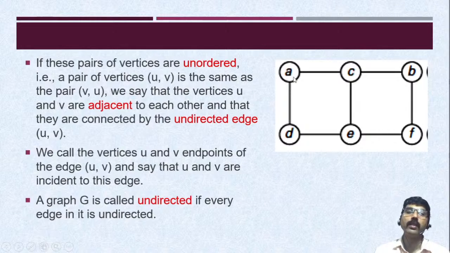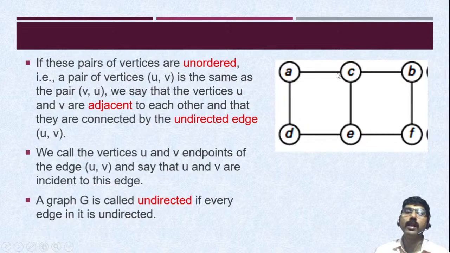These two vertices A and C are called adjacent to each other, and this edge is called an undirected edge. In a simple way, if you consider this one as one city and this one as another city, there is a road between them, one path or road. Now I can travel from A to C as well as from C to A on the same path.